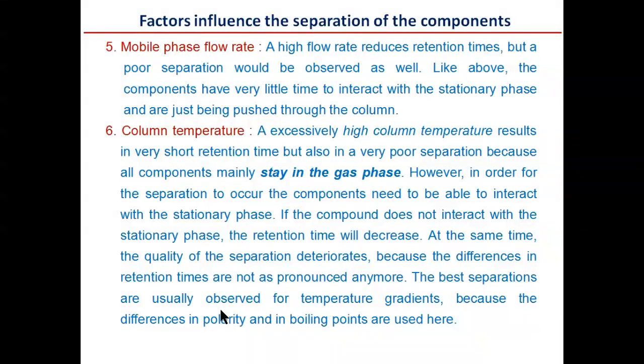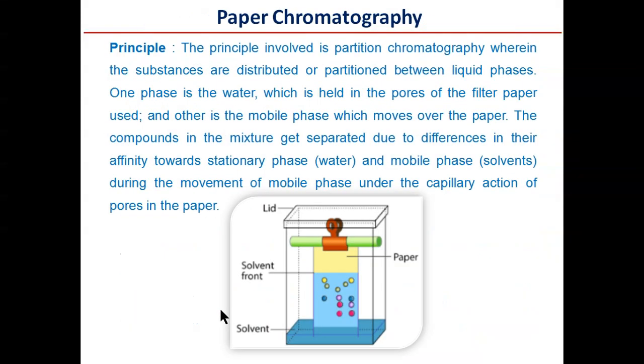So it is very good to have temperature gradients to have a better separation of the components mixture. So these are the 6 factors which influence the separation of the components mixture in general in chromatography.